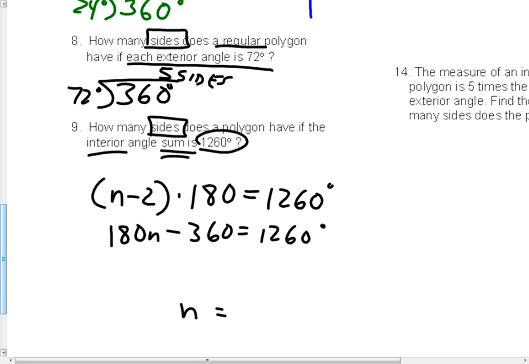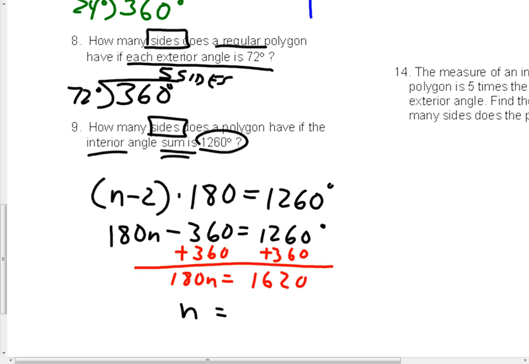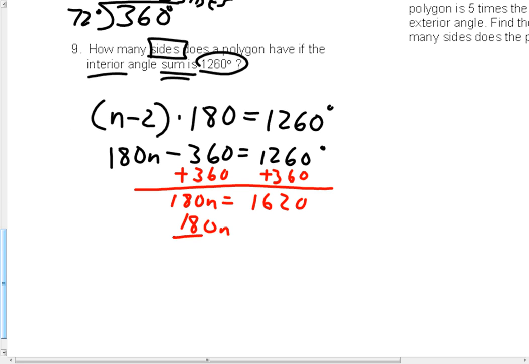How do you get n by itself with a two-step equation like this? 180n equals 1620. How do you get rid of the 180? A little bit of division. 180n divided by 180. 1620 divided by 180.